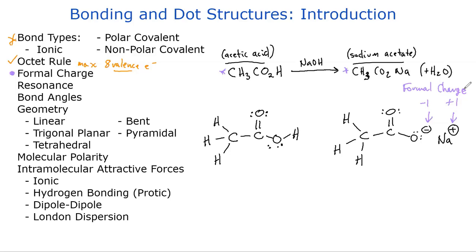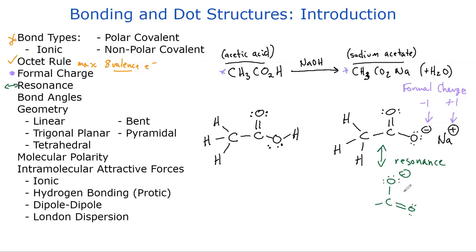Now, the idea of resonance is used to explain the fact that we somewhat arbitrarily chose the lower right-hand oxygen to be the one that had the single bond with the extra electrons, and the top oxygen to be double bonded.